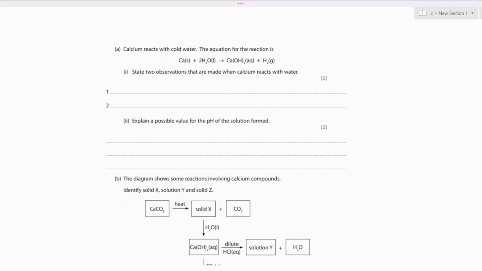Bubbles of gas. What else? Look at their states and then tell me. Look at calcium. It's solid, but in the product there is no solid. So the solid would disappear. Exactly, the solid would dissolve.